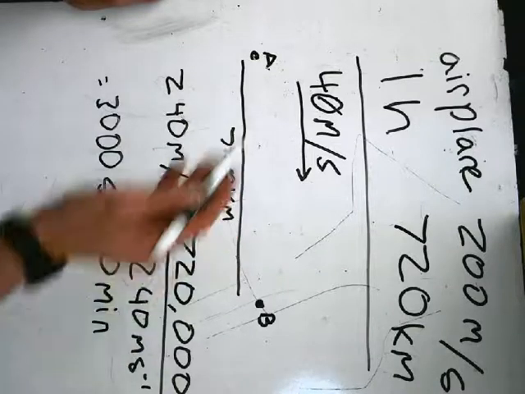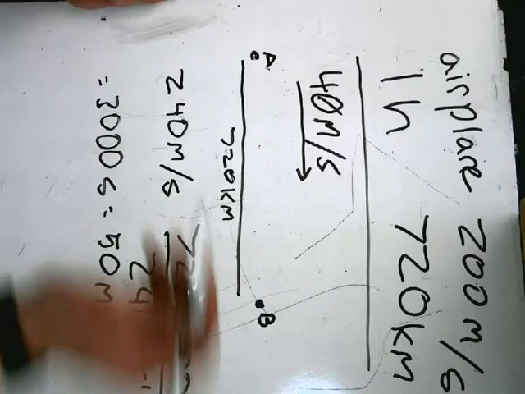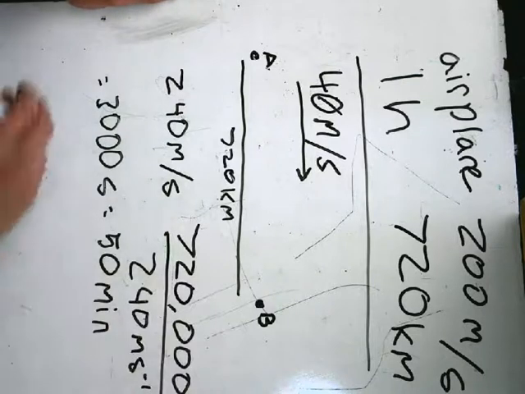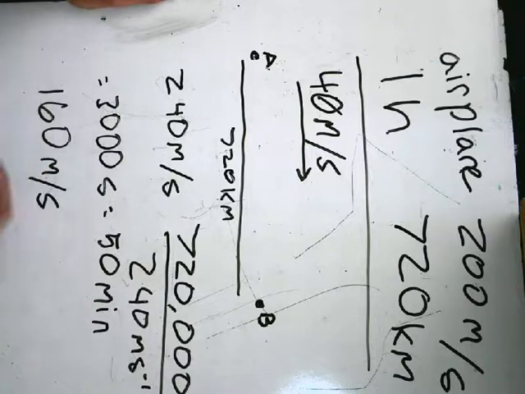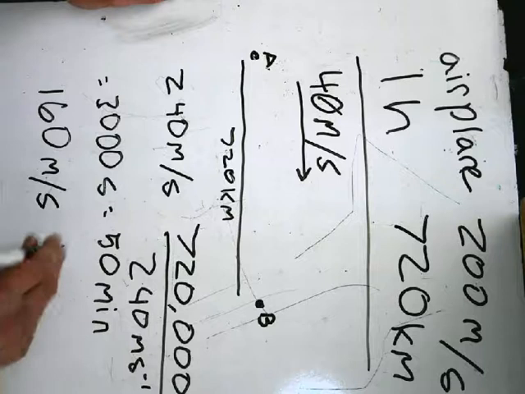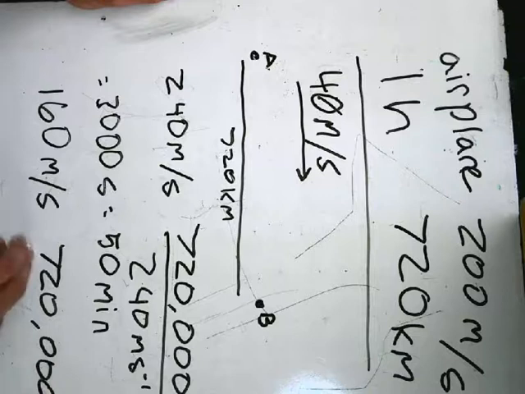Your rate is 160 meters per second. Okay? Alright, we're going to try and squeeze this in here. That is effectively 4,500 seconds equals, let's see, math here, 75 minutes.